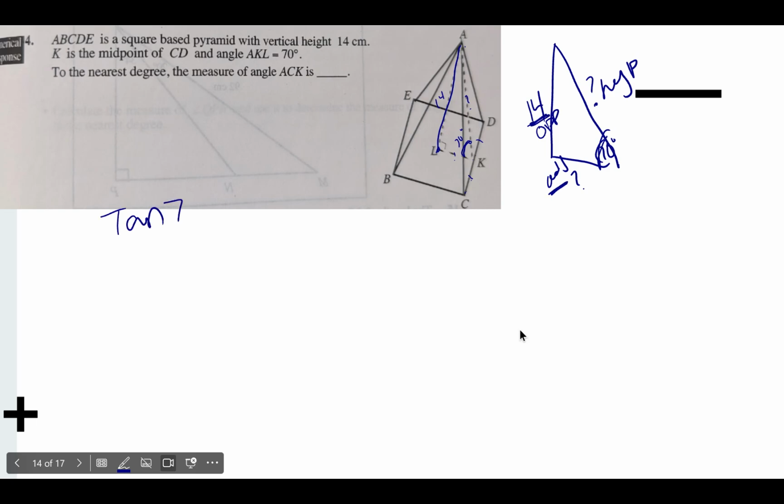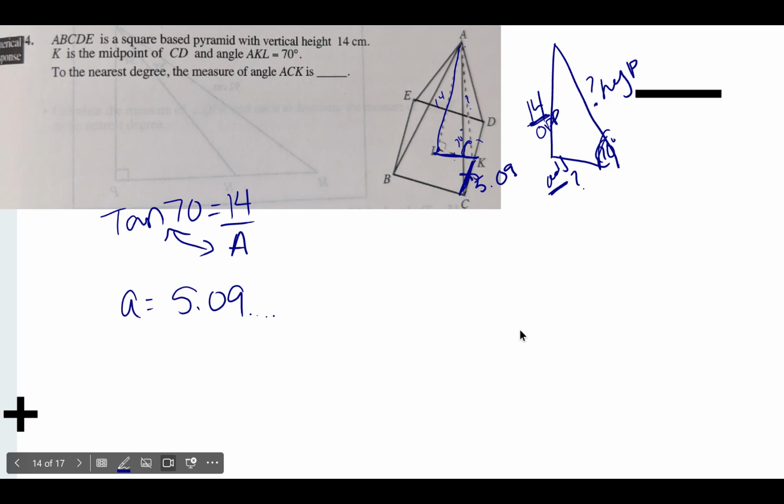Tan of angle 70 equals opposite over adjacent. We can use our little trick here to solve. So 14 divided by tan of 70 gives this adjacent side equals 5.09, and this number keeps going. That means if this distance is 5.09, then this distance is also 5.09.